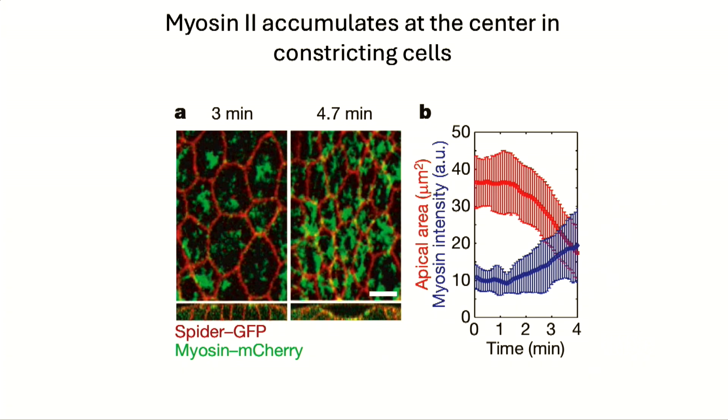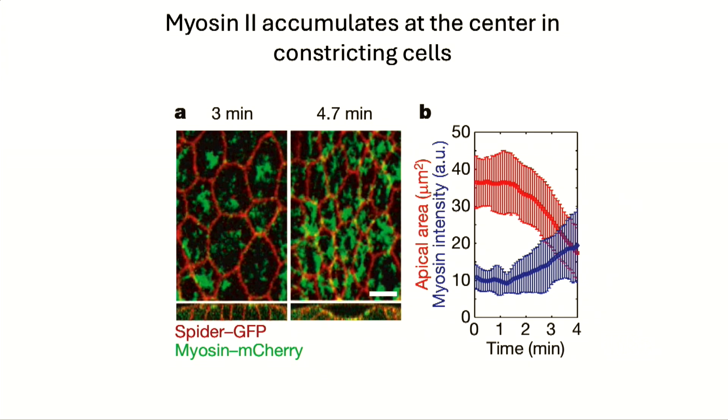The other one is, how does myosin look at this point when the constriction is taking place? So it turns out that one can essentially just compare a point at which the areas are more and a point at which the areas are less. And what one sees is that myosin is present as a coalescent accumulation in the center.